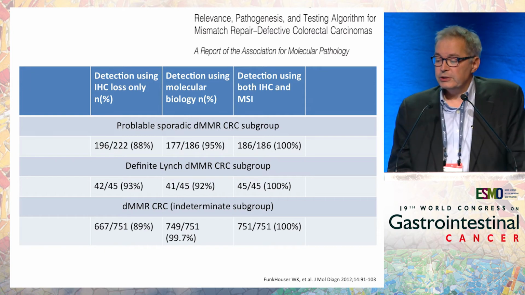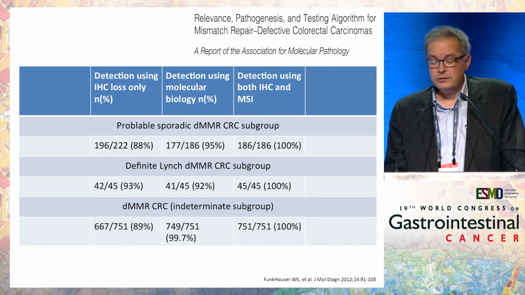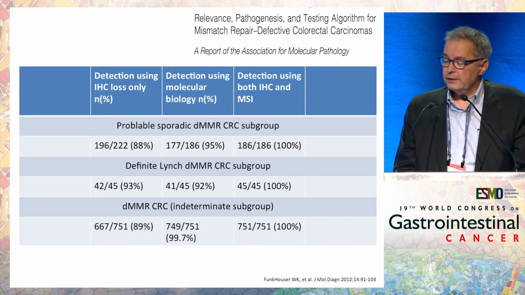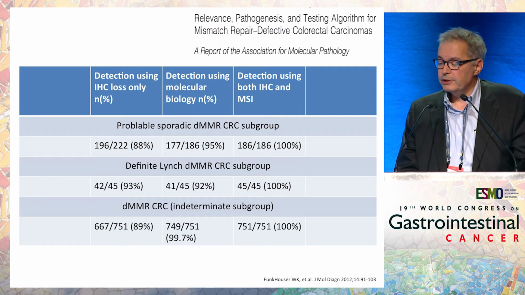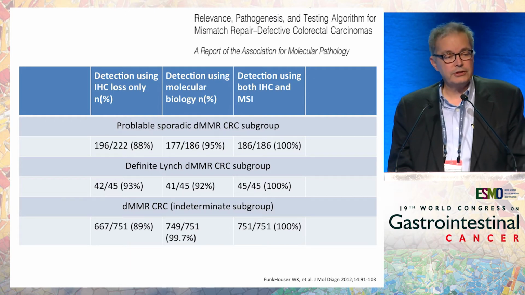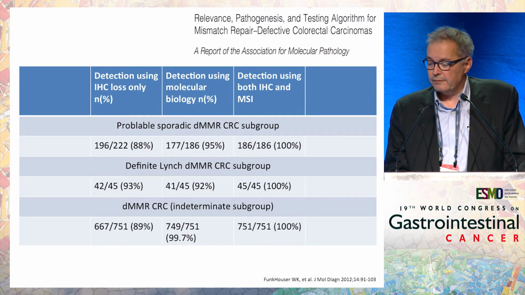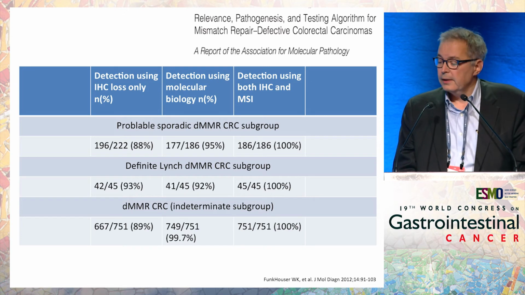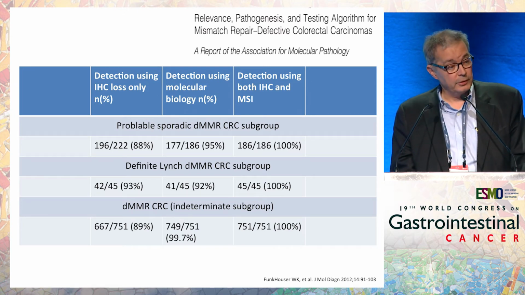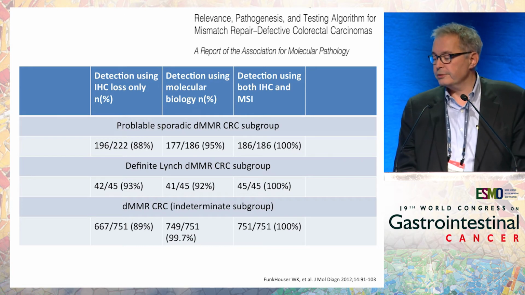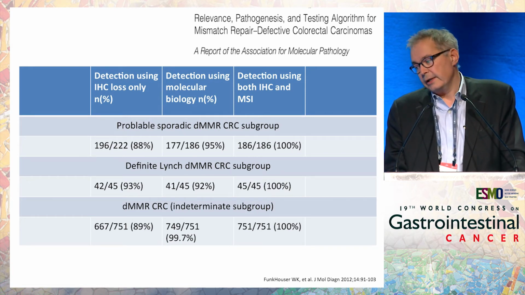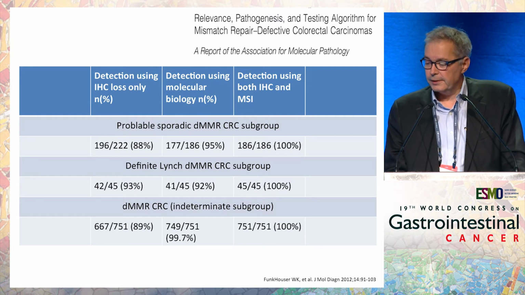If you consider the detection using immunochemistry, the loss of one of the 4 proteins, or if you consider the detection using molecular biology, what you observe, if you have a population of probable sporadic deficient mismatch repair colon cancer subgroup, is that you detect 88% by immunochemistry, 95% by molecular biology, and if you proceed with both tests, you have 100% detection of the MSI tumors.